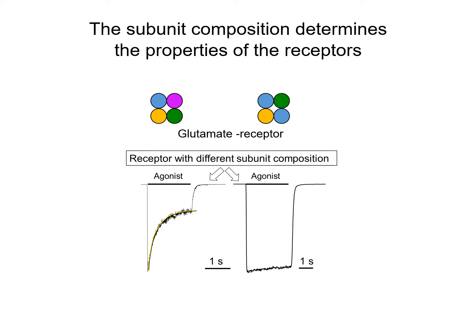The response is completely different despite the fact that they are both glutamate receptors. In one case, the agonist produces a fast inactivation, while the other receptor causes a steady-state current. So these are 2 completely different responses mediated by just having different subunit compositions.